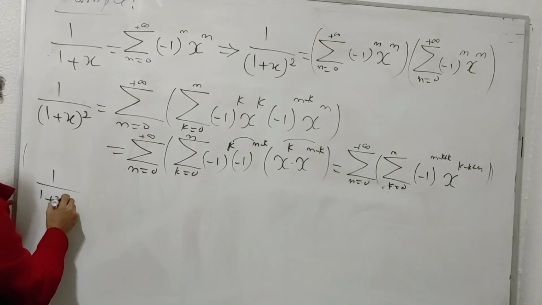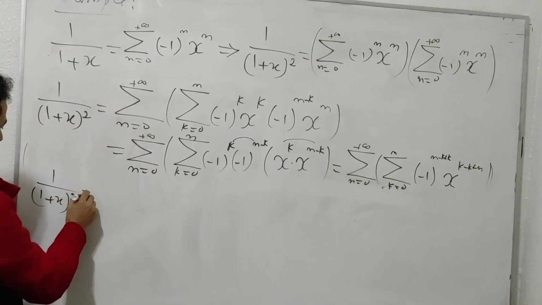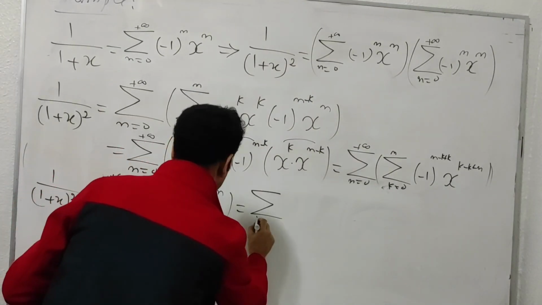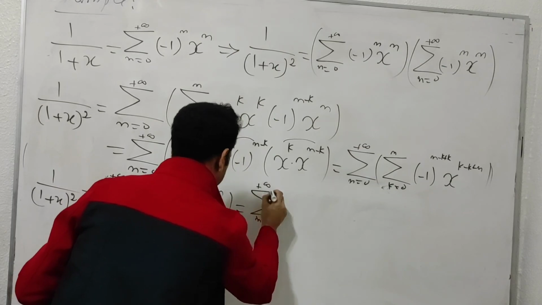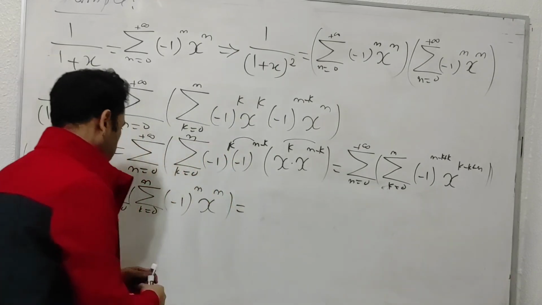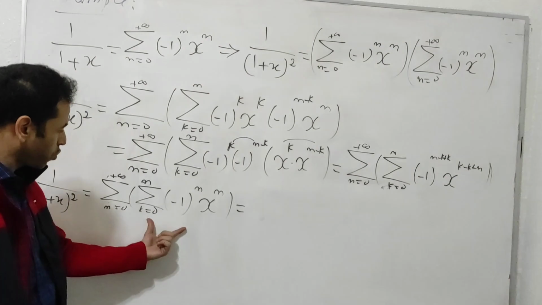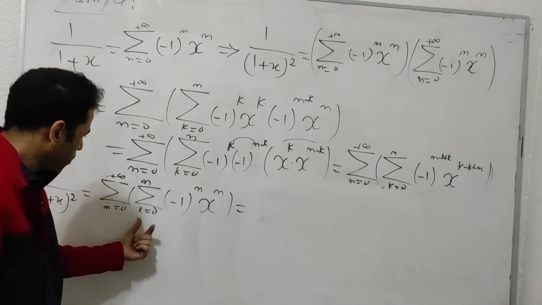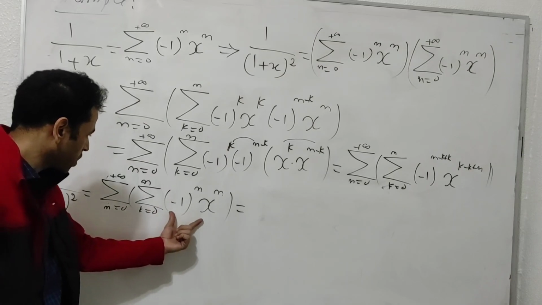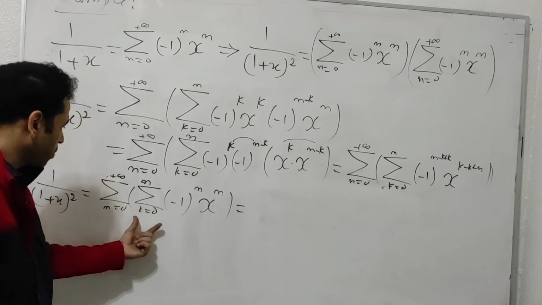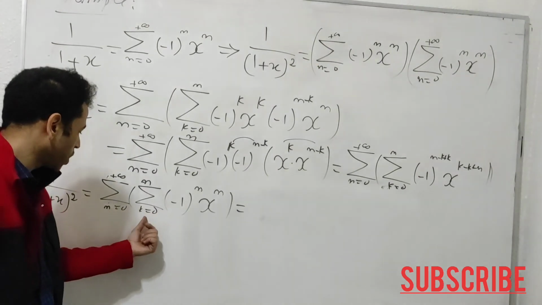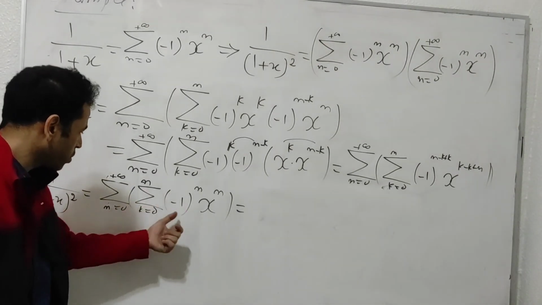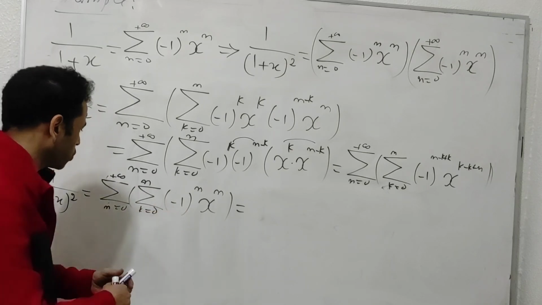Consequently, 1 over 1 plus x quantity squared is giving us the big sum as n goes from 0 to plus infinity. If you take a look again at the sum inside, it is written in terms of n, so it is considered a constant. I can take it outside because it's not related to k. Then I calculate how many terms I have here. We have n plus 1 terms.